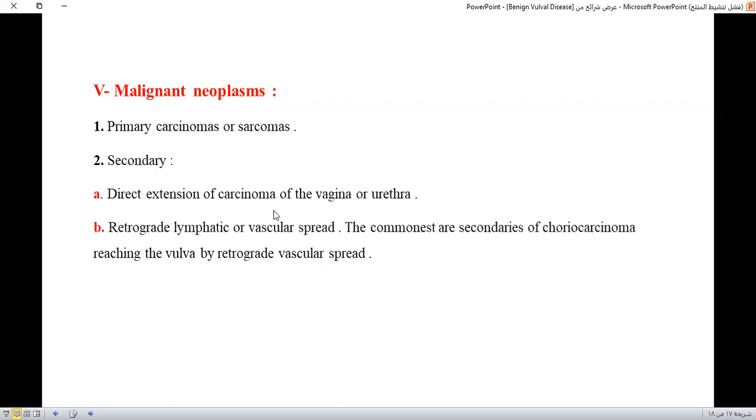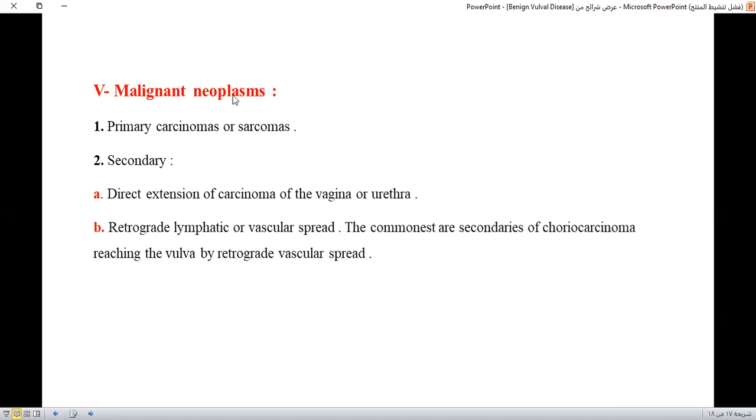And malignant neoplasm. Malignant neoplasm will be primary, carcinoma or sarcoma, and secondary. Primary is treated by direct excision. Secondary may be due to carcinoma of the vagina or urethra, by direct extension, or maybe retrograde lymphatic or vascular spread.